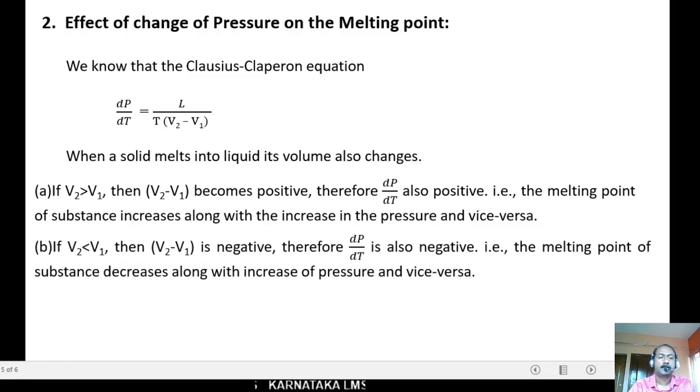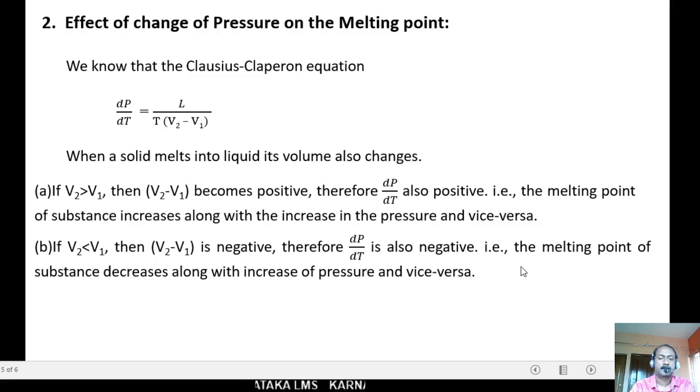In the second case, if you take V2 less than V1, the volume V2 is less than the volume V1, then the difference in volume, V2 minus V1, in the denominator of this equation becomes negative. Therefore, in the LHS, the ratio dP by dT is also negative.